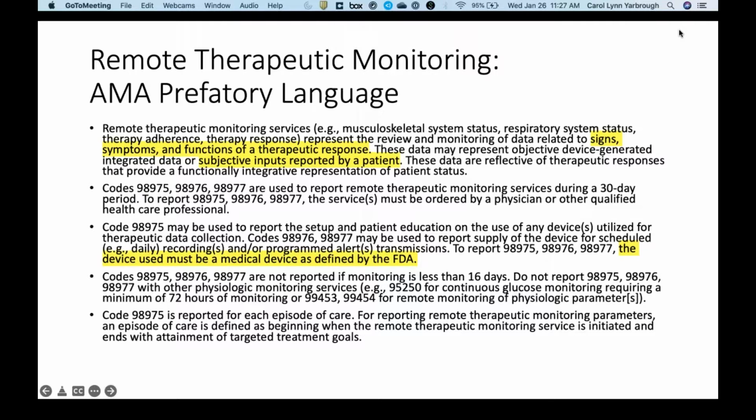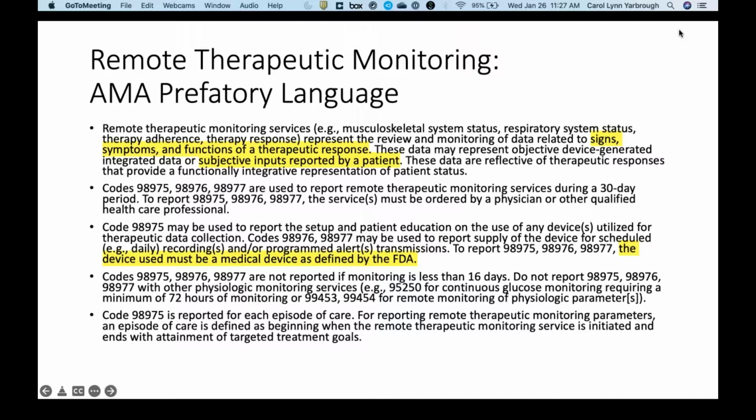Those are subjective inputs. And it's going to give a functionally integrative representation of patient status. So really, it's just a way to keep you out of the clinic and doing your exercises, darn it, or working with your respiratory spirometer that you blow into to make sure that your lungs are filling up better and really breathing well.